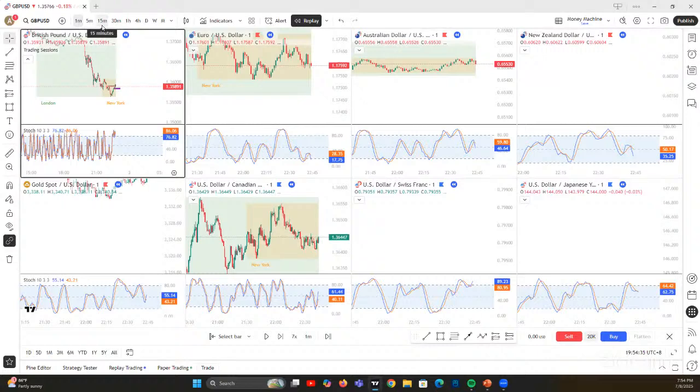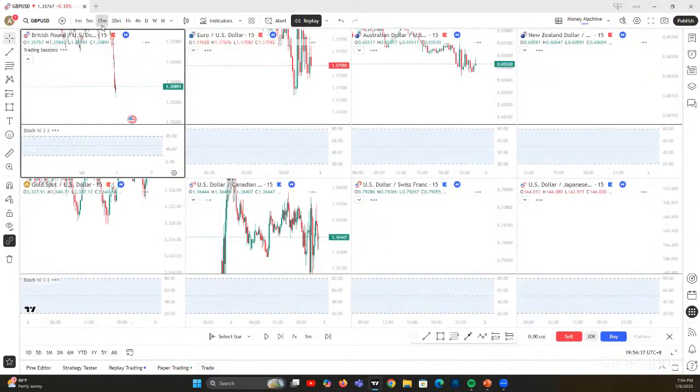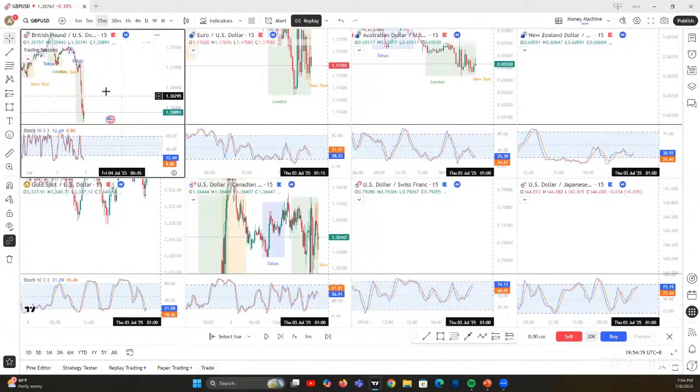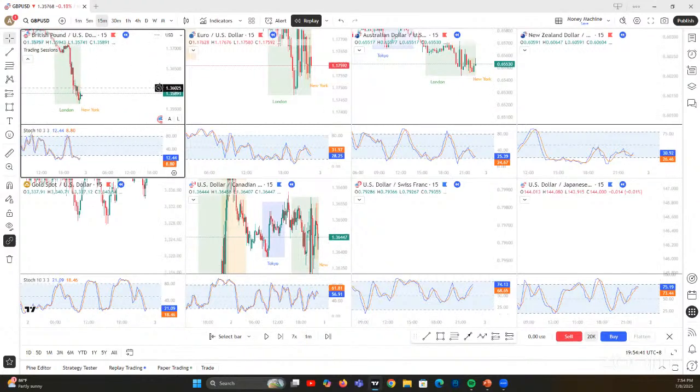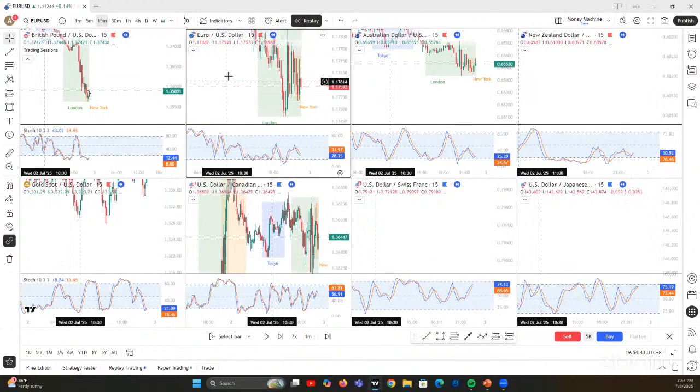I think 1 minute is just too much for TradingView to handle. Anyway, let's see this in the higher time frame on the 15 minute.